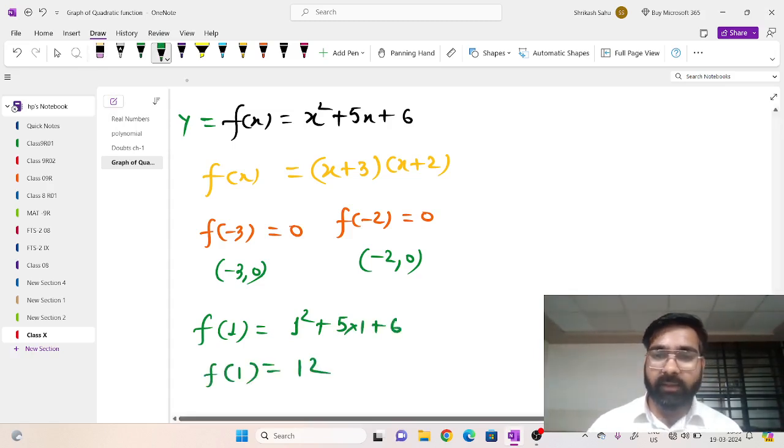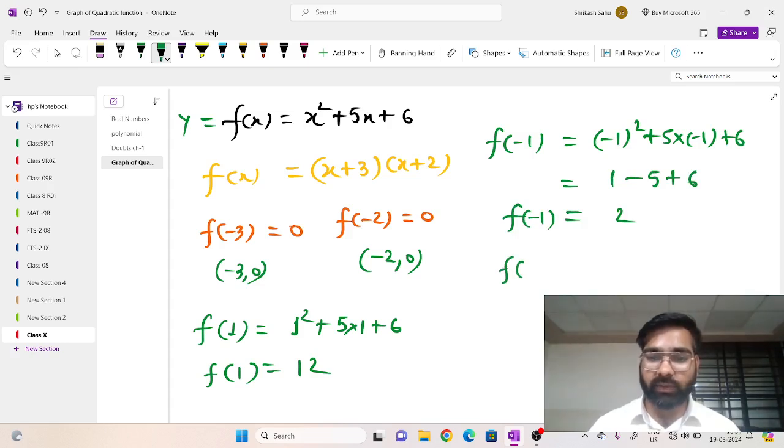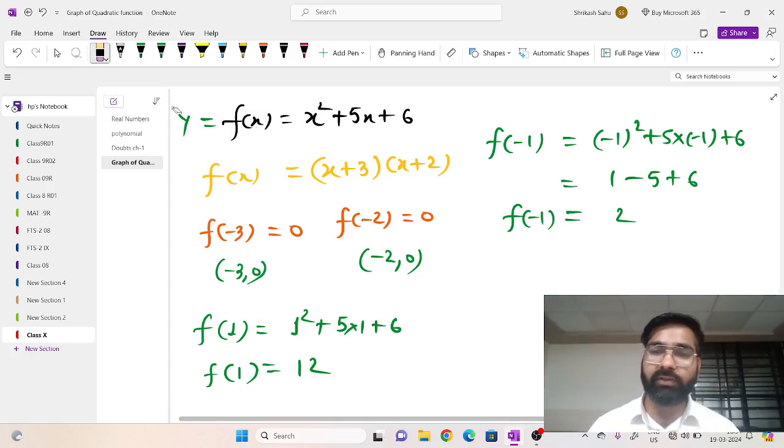Okay, if we replace x by minus 1, then we get minus 1 square plus 5 into minus 1 plus 6, that is 1 minus 5 plus 6, and here we get the value 2, and so on. Okay, if we replace x by minus 3, sorry, for minus 3 the function is equal to 0.